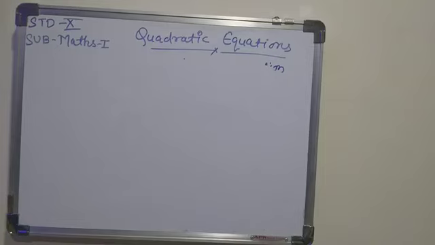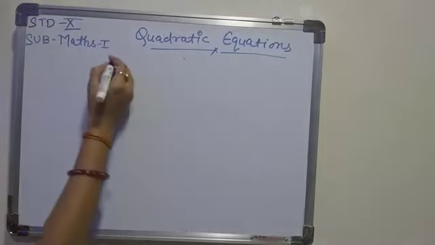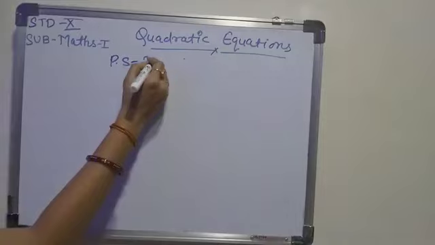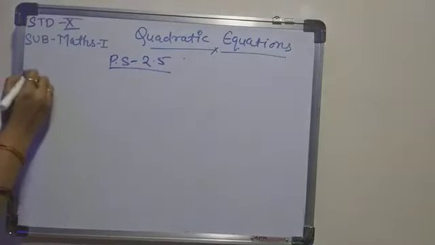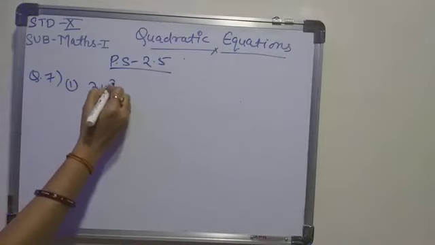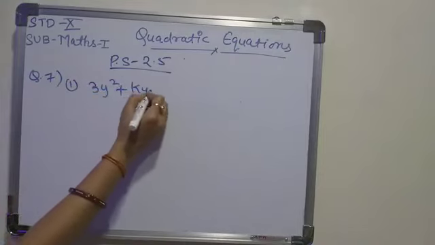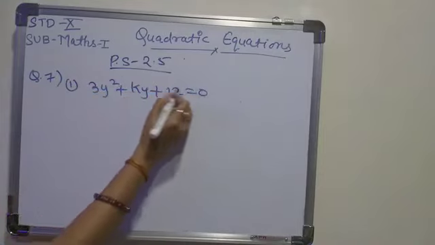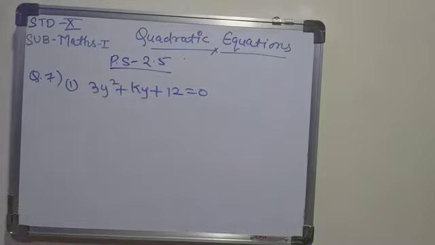Now we are going to solve the question number 7. Practice set 2.5. Question number 7. First one. 3y square plus ky plus 12 is equals to 0. In the question, they have asked you, the roots of each of the following quadratic equations are real and equal.